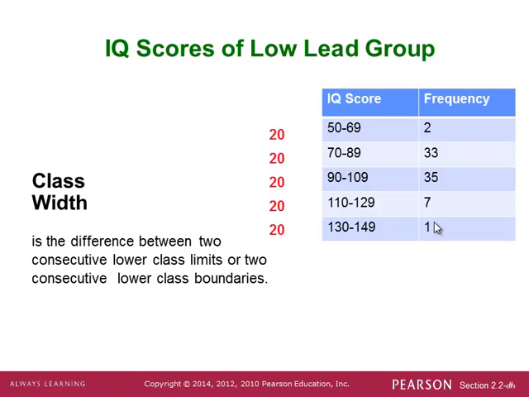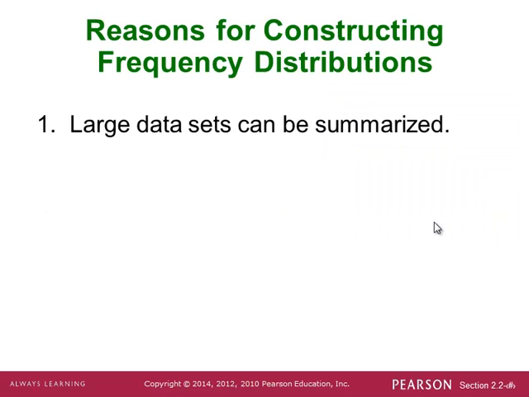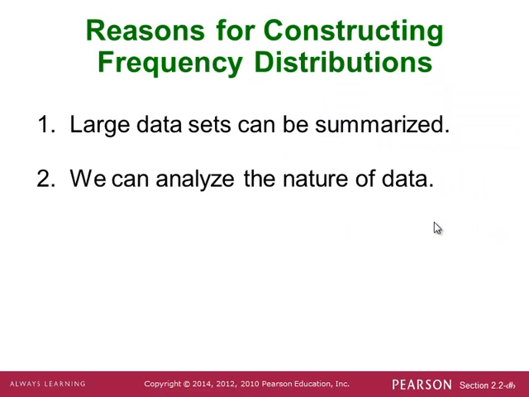And 78 is a relatively small data set. So imagine having a huge data set. I would much rather be looking at that than that huge data set. You can analyze the nature of that data, looking to see where the peak is, for example, or is it roughly uniform? In other words, you can characterize the distribution.